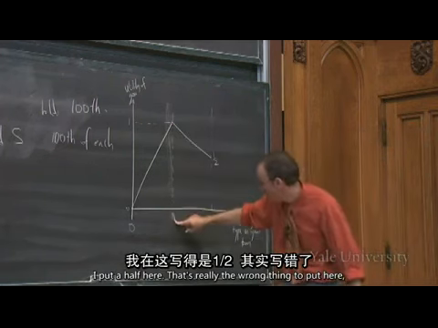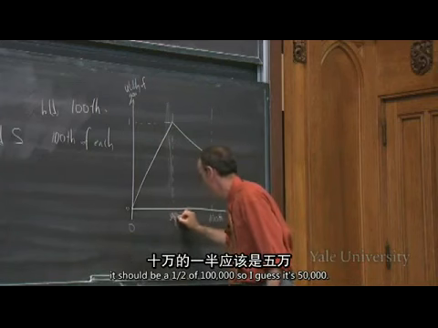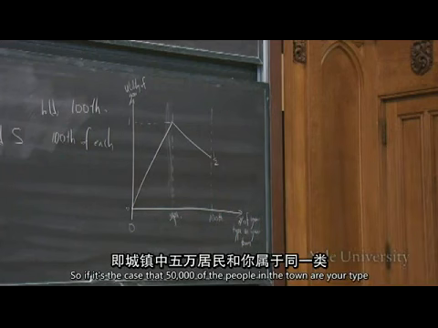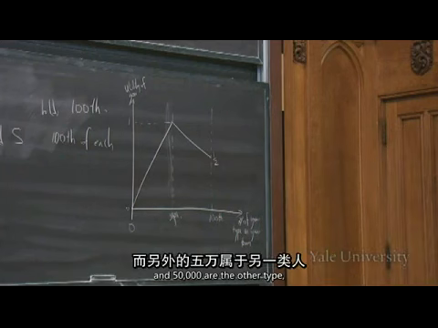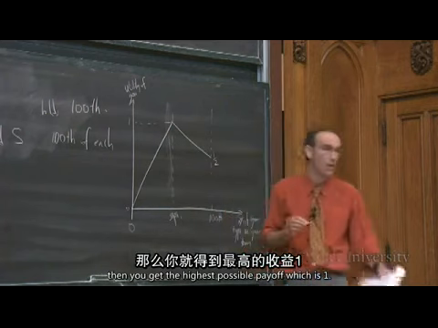And I put a half here, that's really the wrong thing to put here. This should be a half of 100,000, so it's 50,000. So if 50,000 of the people in the town are your type and 50,000 are the other type, then you get the highest possible payoff, which is 1.